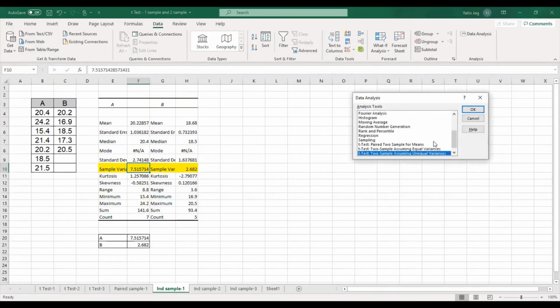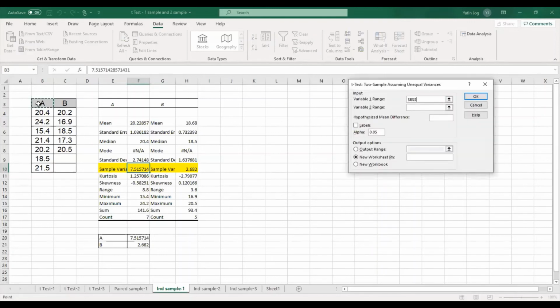So we go to data analysis and select the method t-test two-sample assuming unequal variances, because this is a case of unequal variance. Click on OK. For variable 1, I'll select all the values of column A, and for variable 2, all the values of column B. Labels, yes, I have labels in my first row.